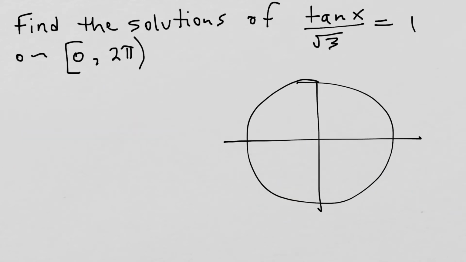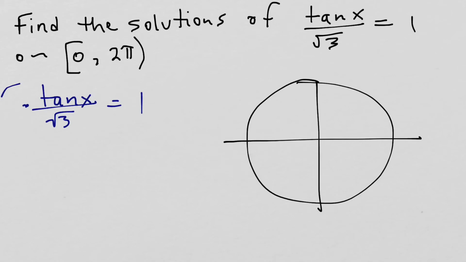All right, let's do a tangent problem now. This one says find the solutions of tan x divided by √3 is equal to 1 on the interval 0 to 2 pi again. So let's write the equation. Tan x over √3 is equal to 1. So we want to isolate the tangent of x.